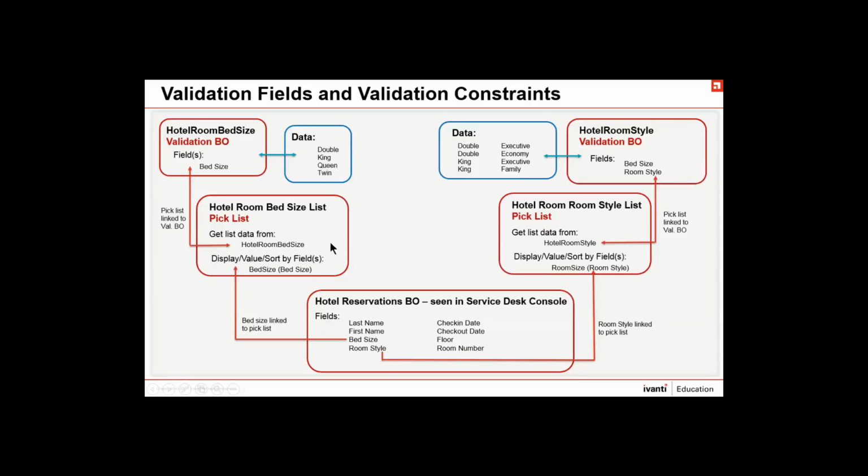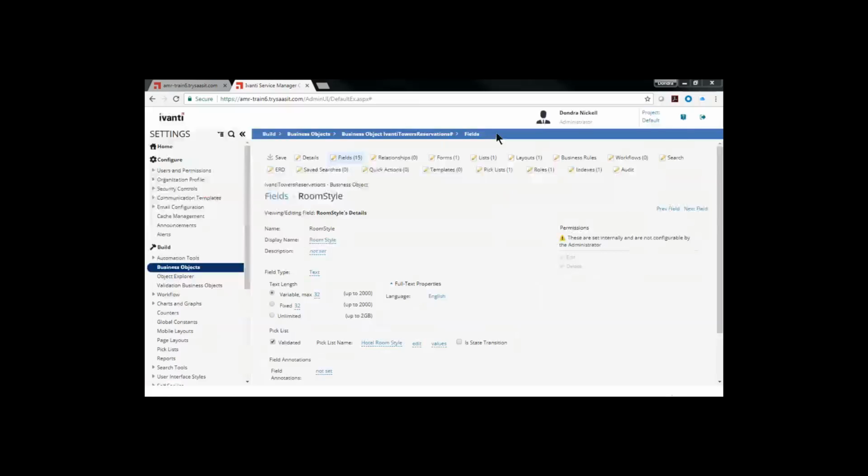When I put the data in, I'd have to enter the bed size and room style, bed size, room style. So rather than typing the bed size over and over again, I already have that information. If I link this bed size field to this list, then I'm going to be able to add this data much easier. So let's take a look at that.